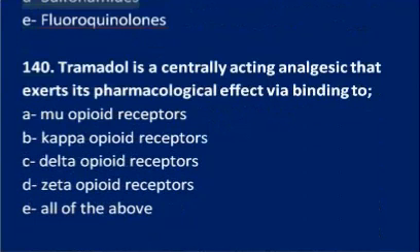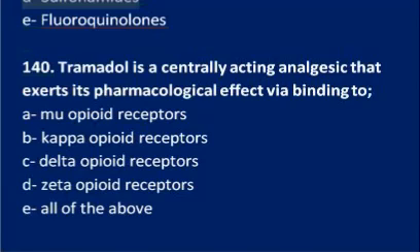Now the last MCQ of this video: tramadol is a centrally acting analgesic that exerts its pharmacological effect via binding to. Actually we are asked to identify the mechanism through which tramadol acts. The receptors involved in its mechanism of action, we have to identify the correct option.